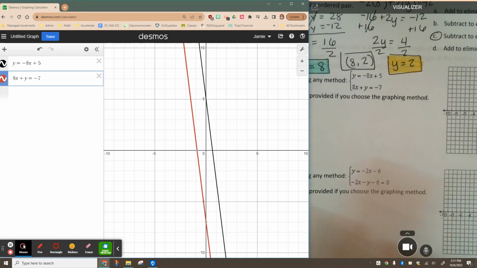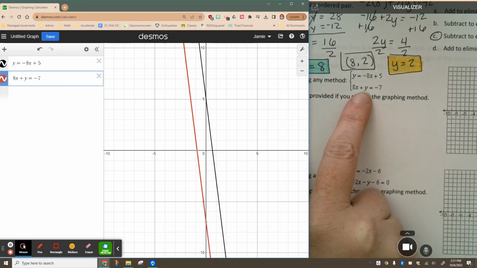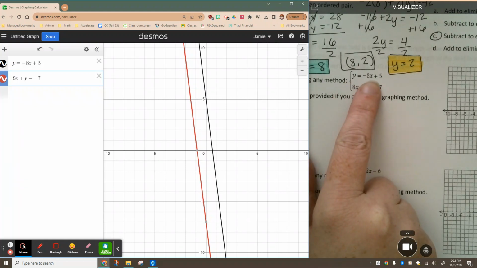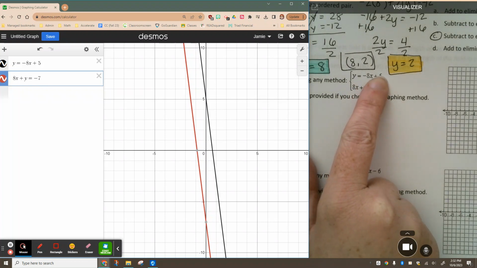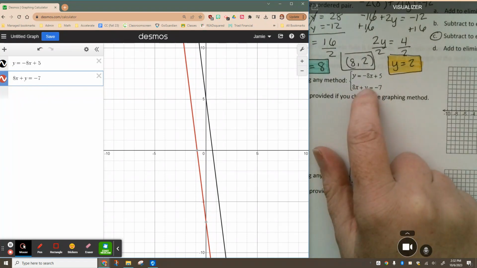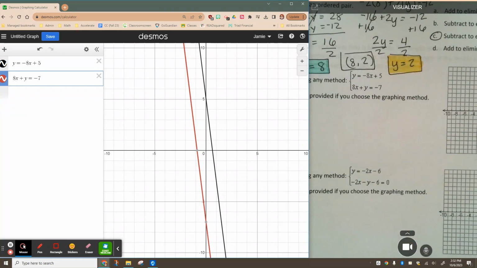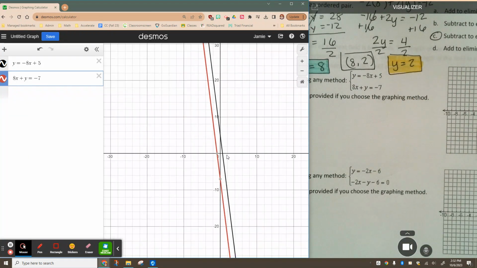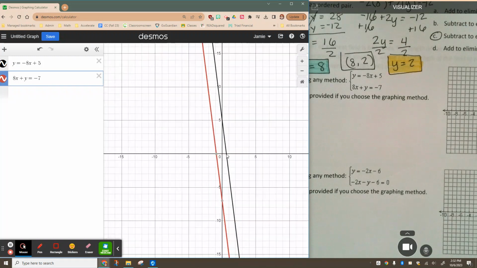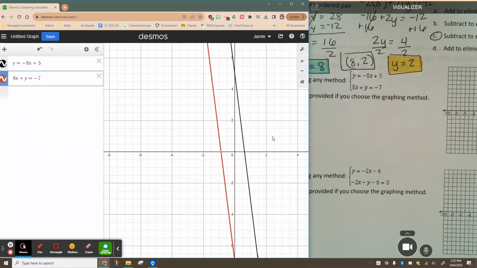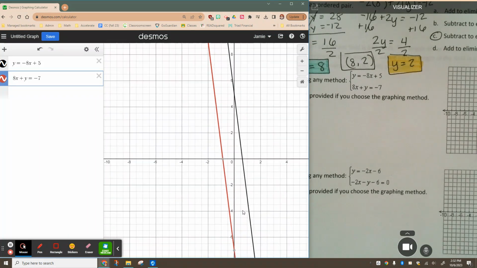Just to be transparent, what I probably would have done is used substitution, because we've got y is equal to negative 8x plus 5, and we could have plugged that in easily, but I want to show you something. If you look at my graph over here, these lines are parallel. These lines are parallel.